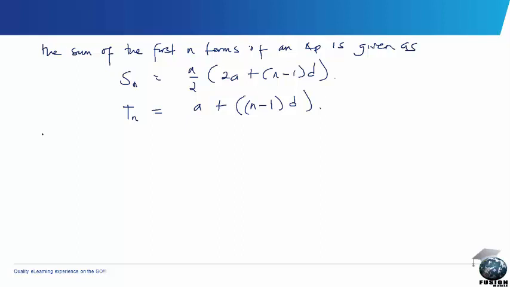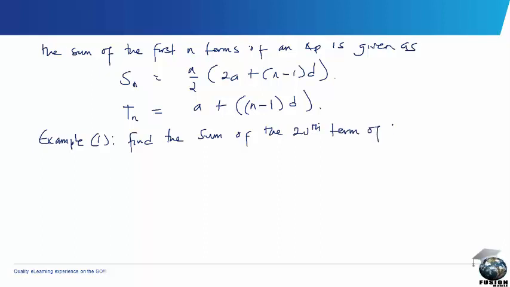And so if we go through solving by examples, example 1, we are told to find the sum of the 20th term of the series below. How do we find the sum of the 20th term?